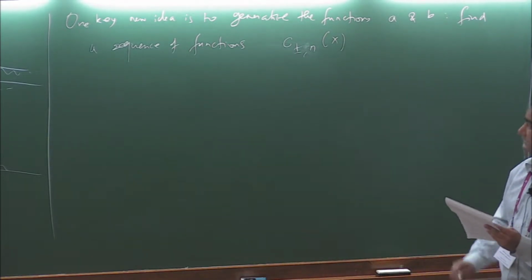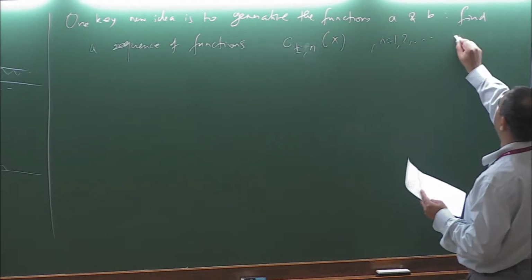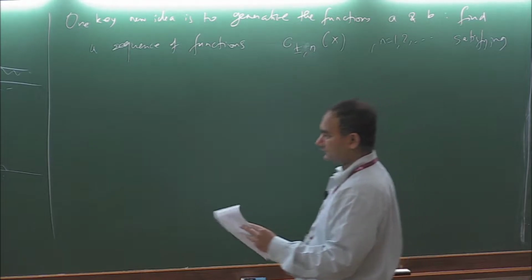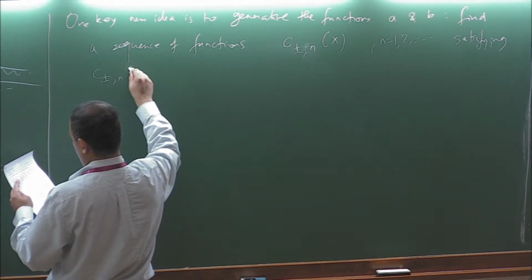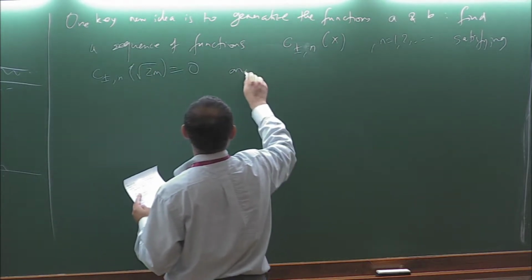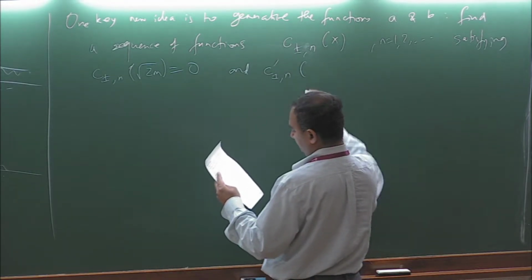They'll depend on an index n, let's say going from 1 to infinity, satisfying the obvious extension of that property. So c plus minus n of square root of 2m is always 0, and the derivative c plus minus n prime at the square root of 2m.